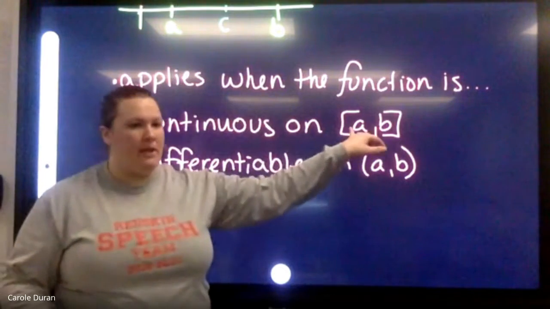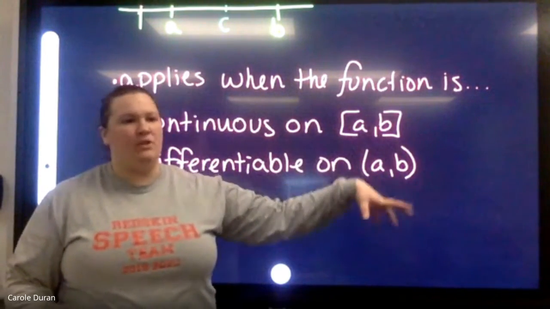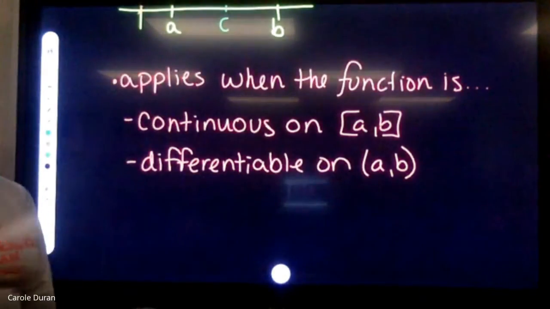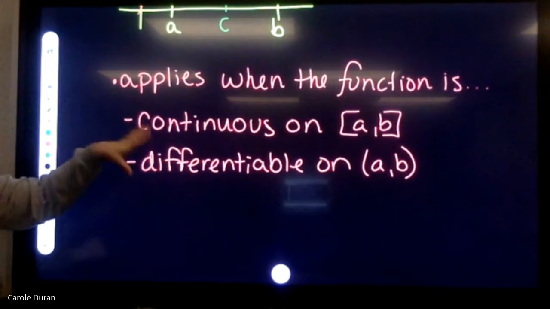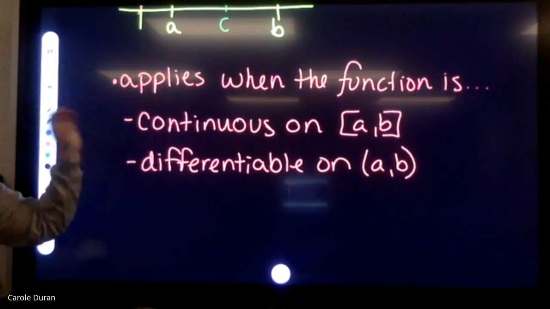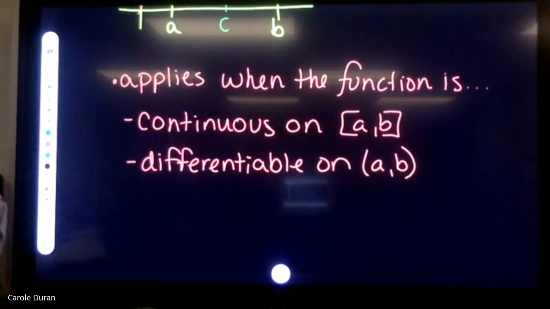Closed means I include the endpoints. Open means I don't include the endpoints. Okay, so it only applies when these things are true. So we have to check that these things are true before we can actually do the mean value theorem.